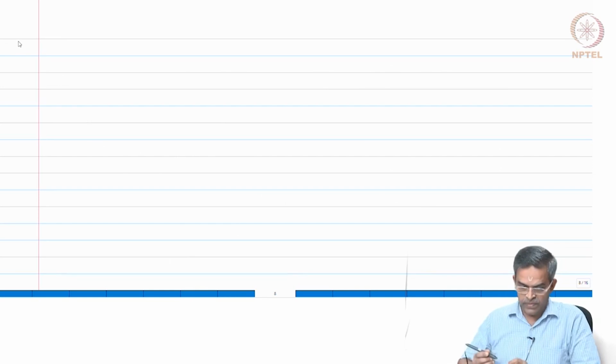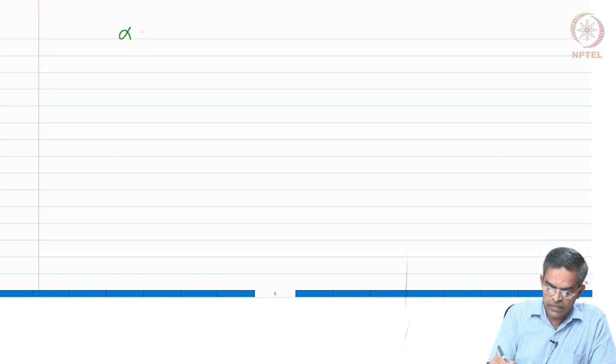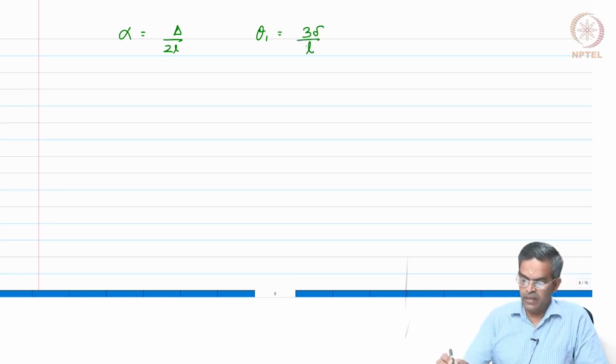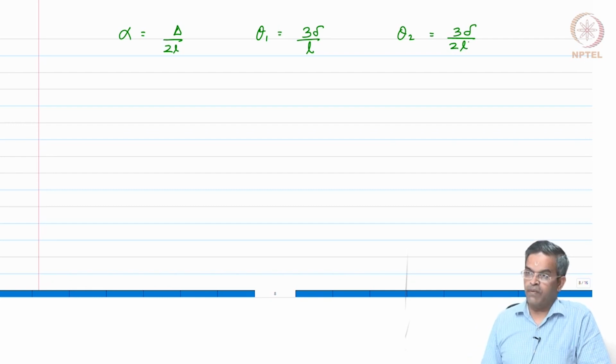So, now alpha is delta by 2L, theta 1 is 3 delta by L, and theta 2 is 3 delta by 2L, from the geometry.